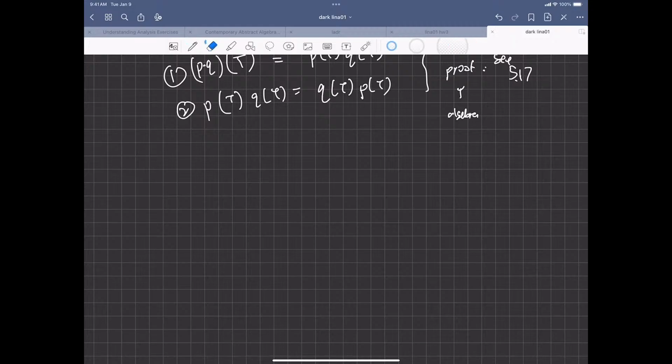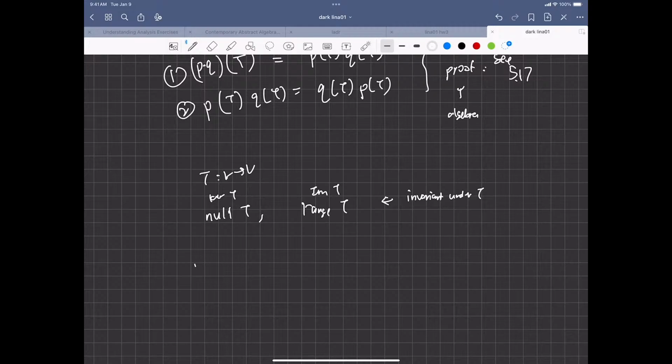Now we ask the question: if we have a linear operator T, the null space of T and the range of T, or if you prefer, kernel and image, these two spaces are always invariant under T. So what about polynomials?